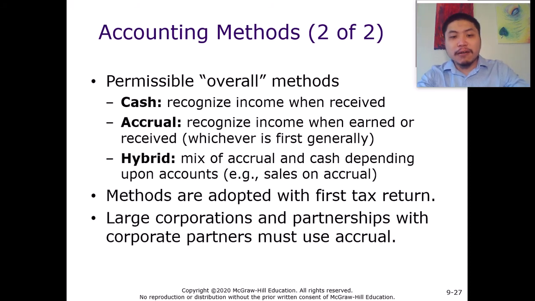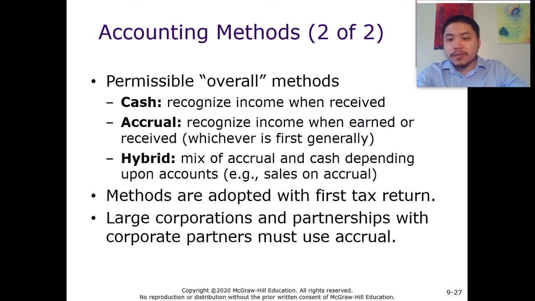The accounting method usually is adopted from the first tax year. Similar to the accounting period, the accounting method needs to be picked from the first tax return, and then it should remain consistent going forward. But it doesn't mean that the business owners need to stay with the accounting method forever. They can change, but the change requires some paperwork.